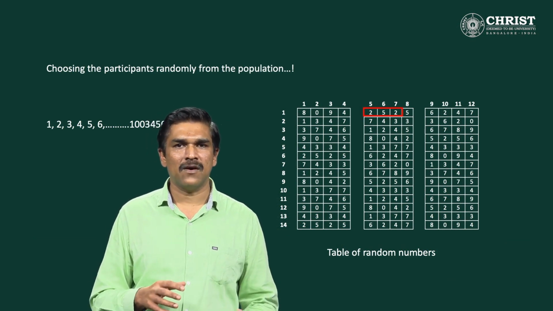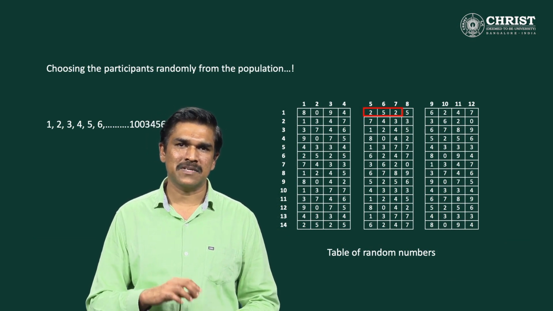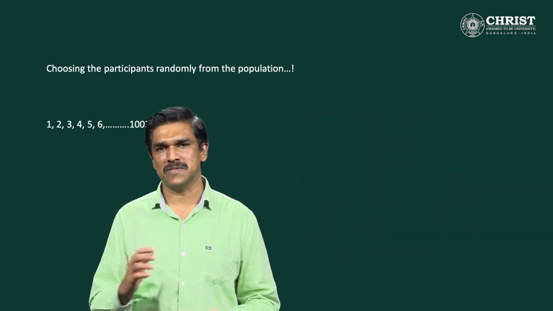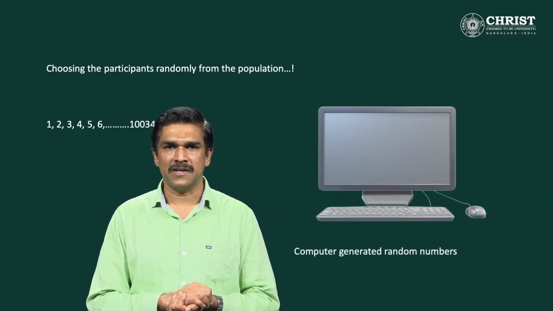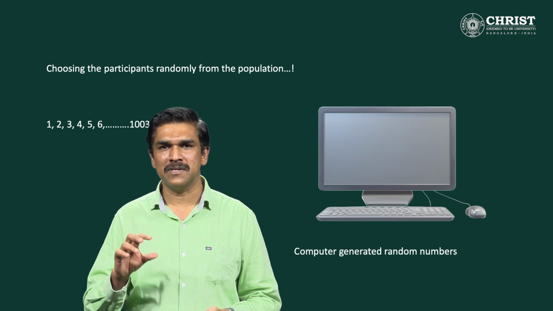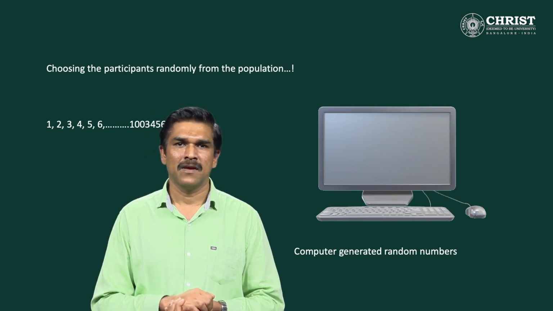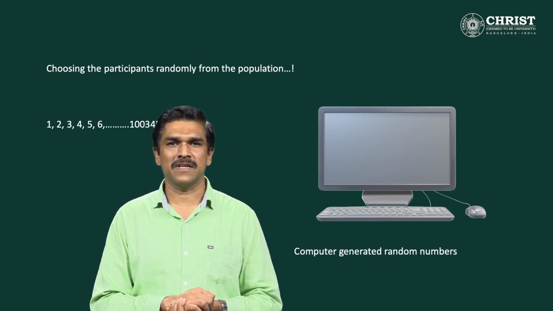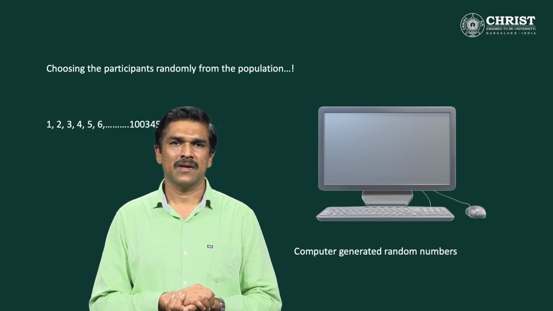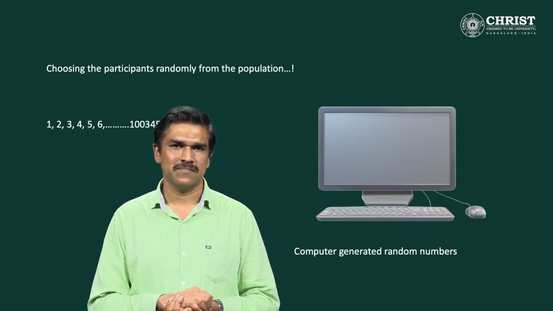After the arrival of the computer, we can have computer generated random numbers. This is done using random number generating software. We have to enter the range of the numbers in the software. Then in each click, the numbers appear randomly.